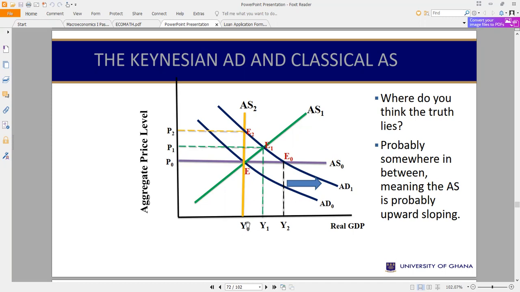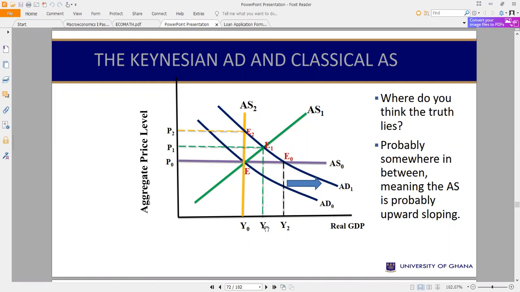Y doesn't change. If you look at the horizontal one, when there's a rightward shift in the aggregate demand curve, we see a change in income. Income increases from Y0 to Y1, but there's no change in price. And then if you take the upward sloping one, there's an increase in price and there is an increase in income as well.